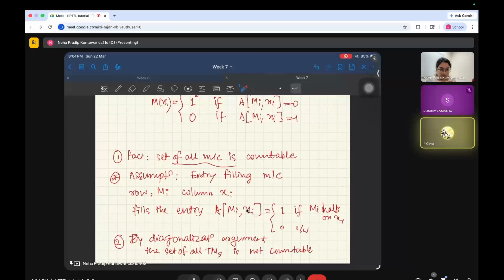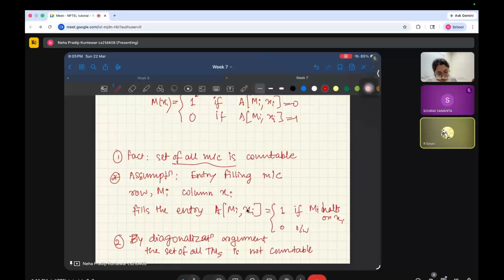How can the set of all machines be countable? Because how do I represent a Turing machine? The possible encodings would be a subset of the Kleene closure of sigma. And the possible subsets would be 2 raised to the power Kleene closure of sigma?